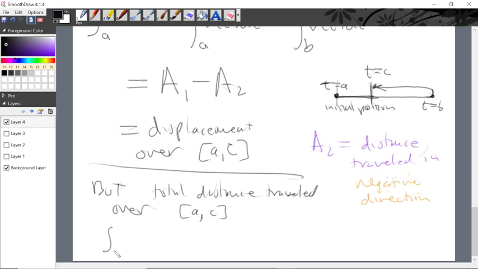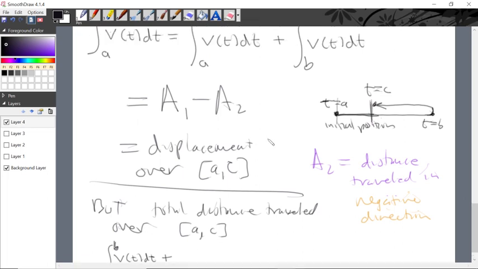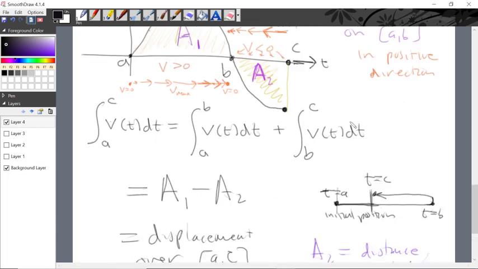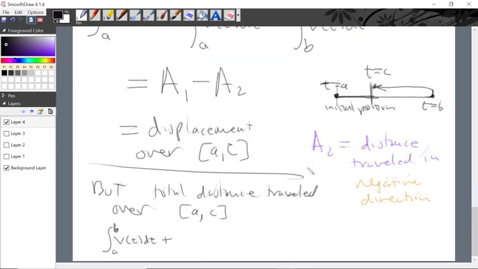You would take the distance it traveled from a to b, the integral of our velocity function v of t dt, and you would add to that not the integral here, because remember, this integral is going to calculate as a negative quantity. So we would take the absolute value of the integral from b to c of v of t dt.